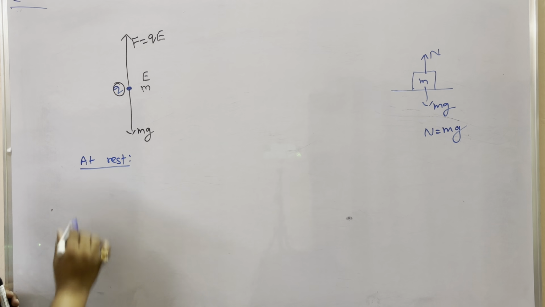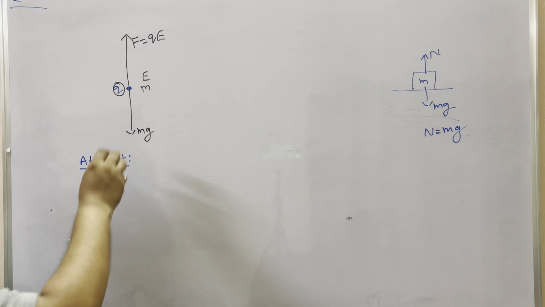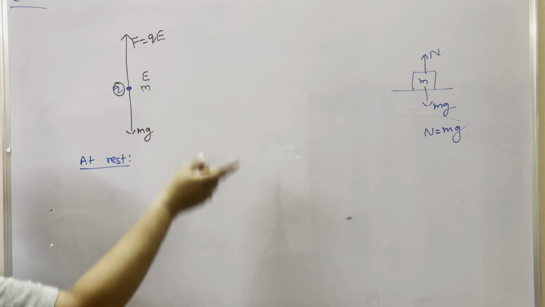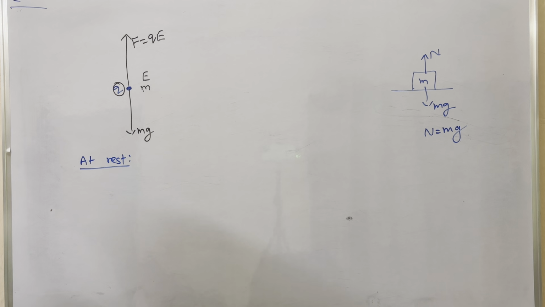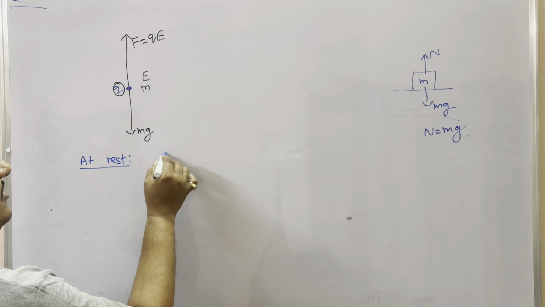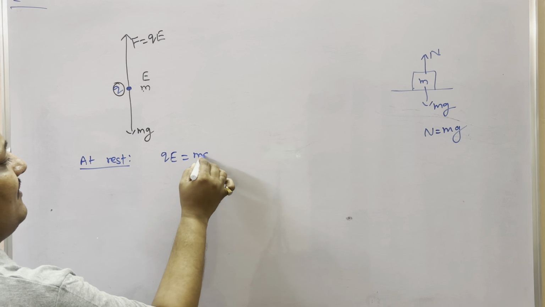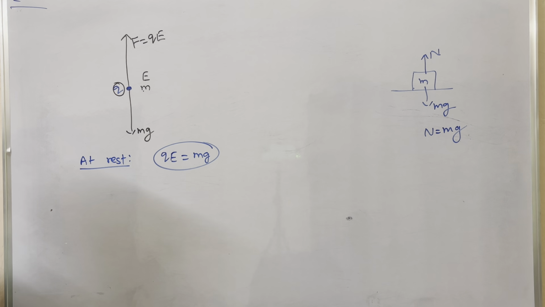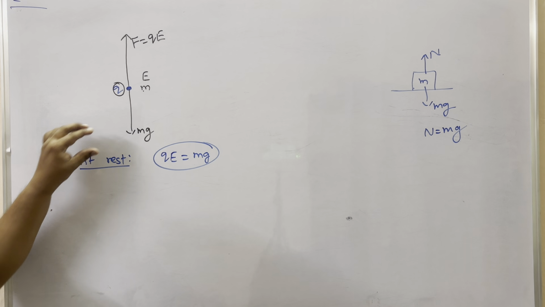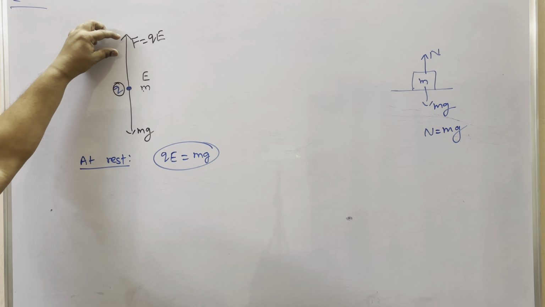To keep the charge at rest, how much intensity of electric field should you apply, they will ask. Here QE should be equal to mg. Why? Because at rest position the downward force should be equal to the upward force.